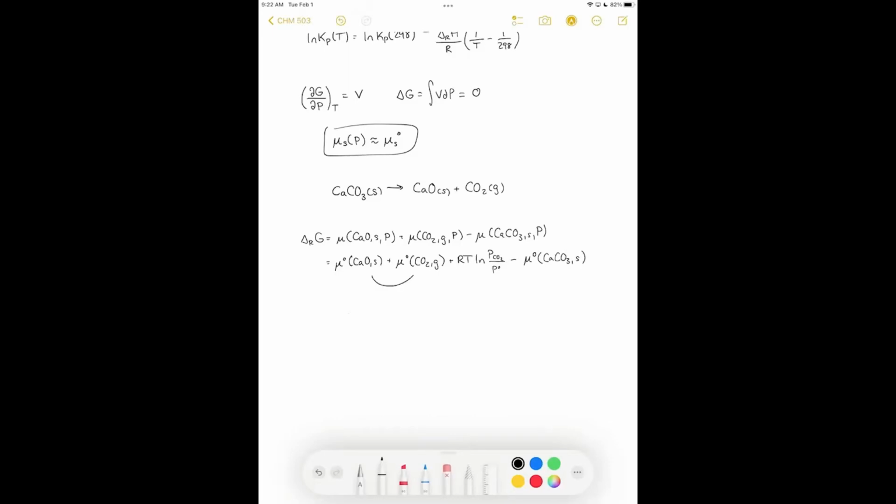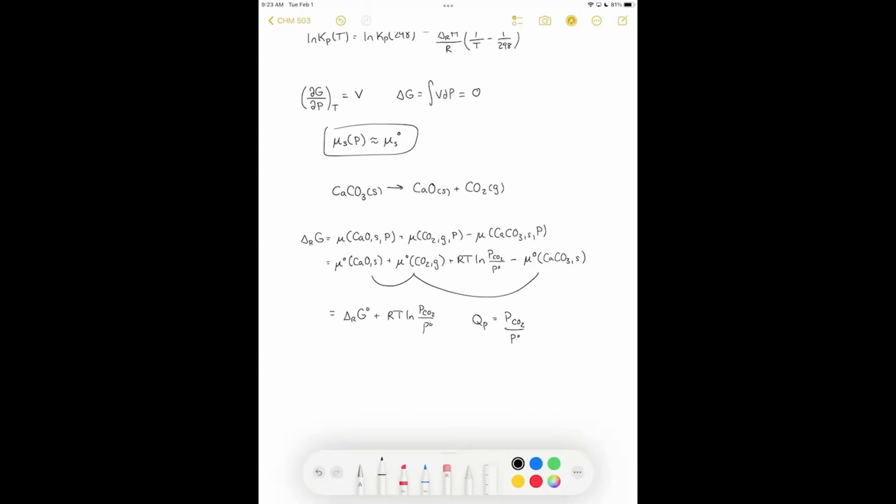What we do is group these three standard terms and say that the delta G of the reaction is equal to the delta G naught of the reaction plus the remaining leftover term, which is simply RT natural log of the partial pressure of CO2. And so in this case, Qp, the reaction quotient or the equilibrium constant, would be simply equal to the partial pressure of CO2 divided by the standard pressure.